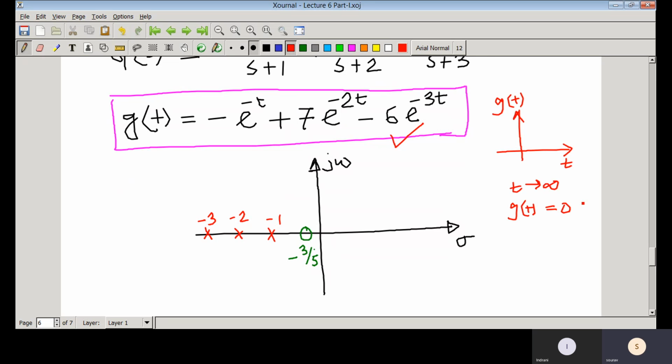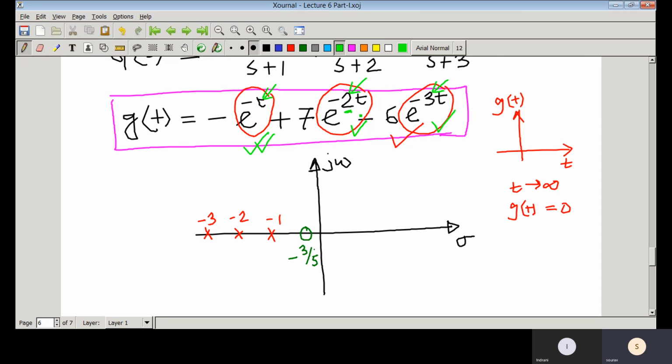But here one important thing you can notice: there are 3 terms, with minus 1, minus 2 and minus 3 in the exponents. The second and third terms will die out very quickly compared to the first term.